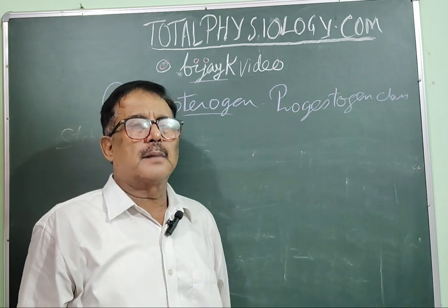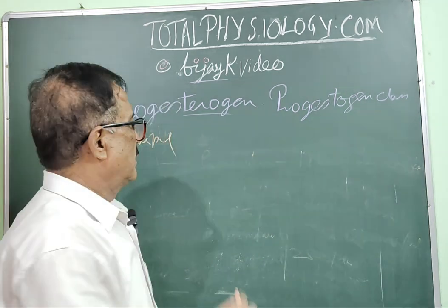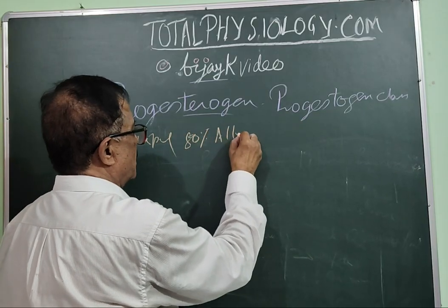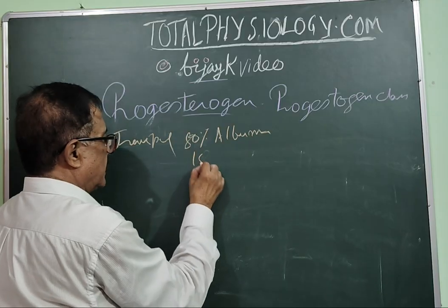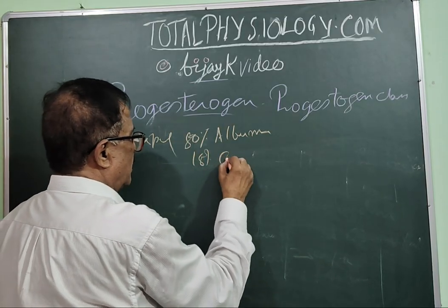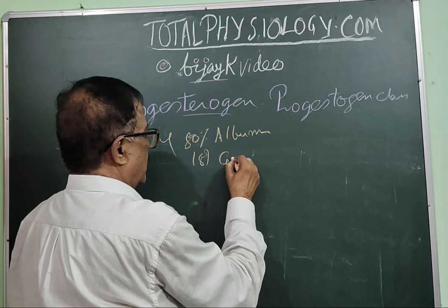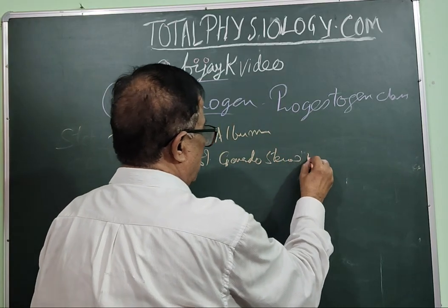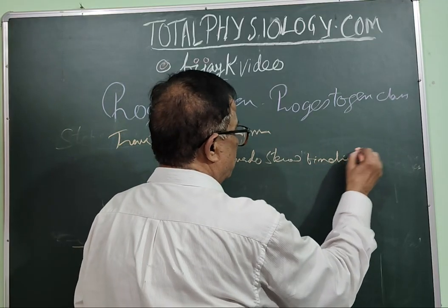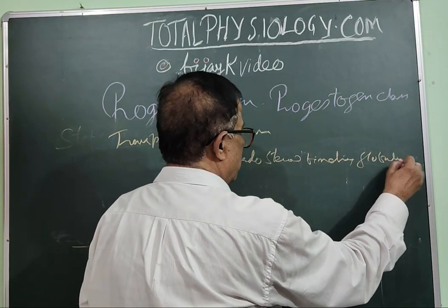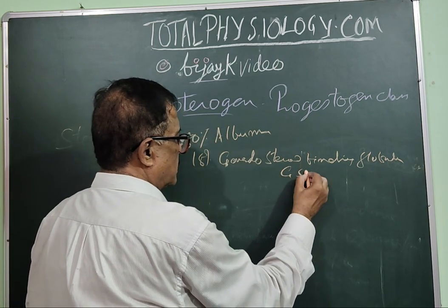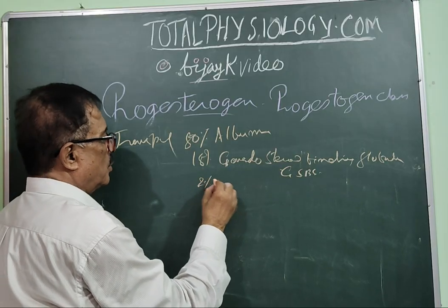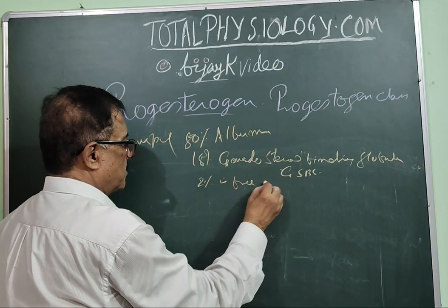About 18% combines with gonadosteroid binding globulin, that is GBG, and about 2% is in free state.